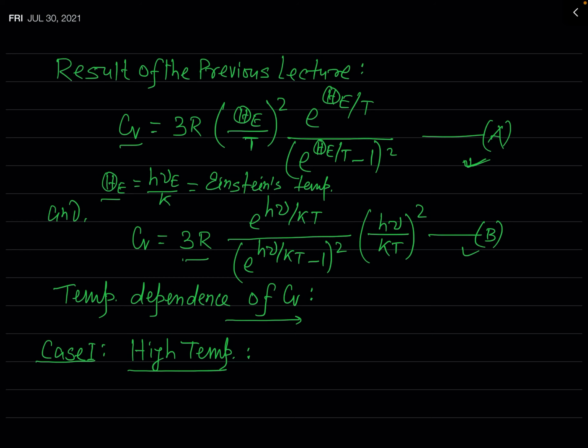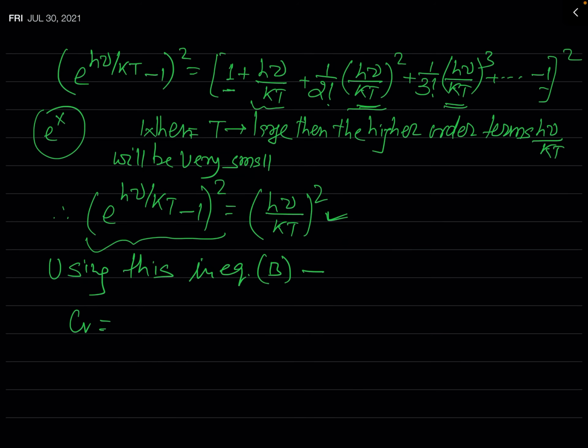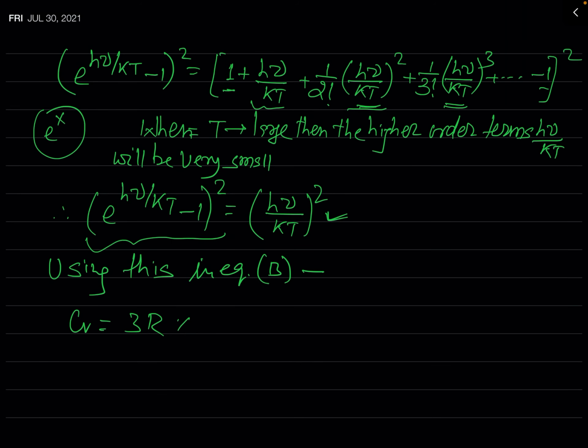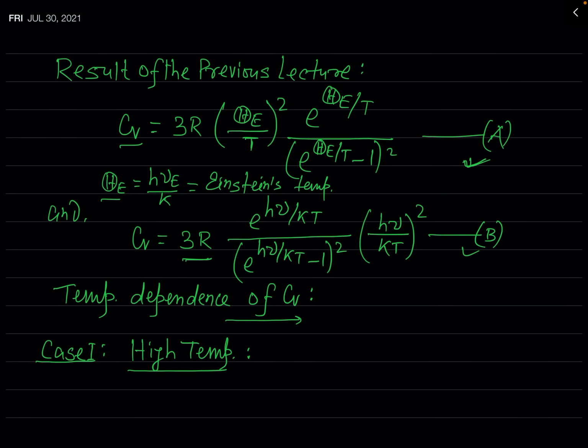See this formula. This is 3R, so write here 3R, and in the numerator there is e raised to the power h nu by kt, and over e raised to the power h nu by kt minus 1 whole square.